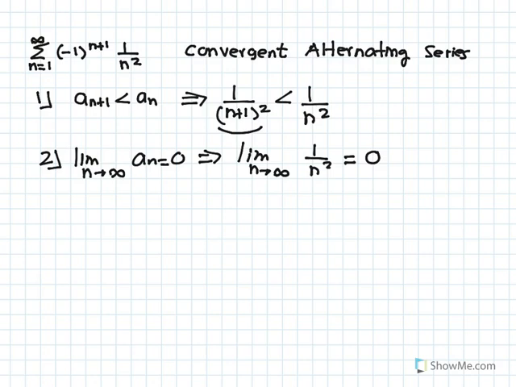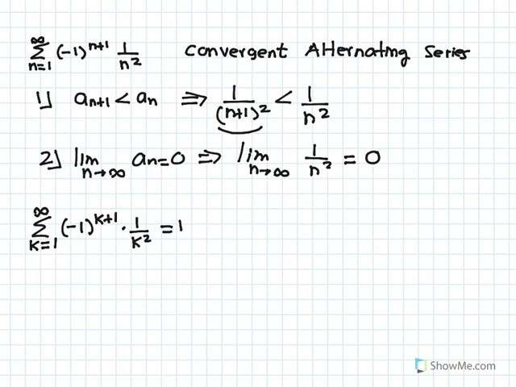So now let's express the given series as a sum of the first n terms plus the remainder. So we have summation, I'm going to change the n to k to make it easier to form the nth partial sum. So k equals 1 to infinity of (-1)^(k+1) times 1 over k squared.